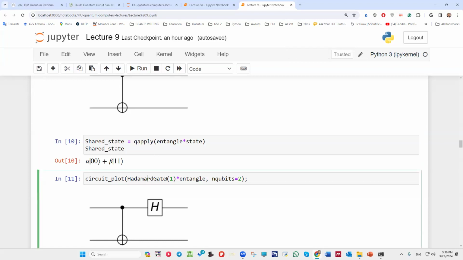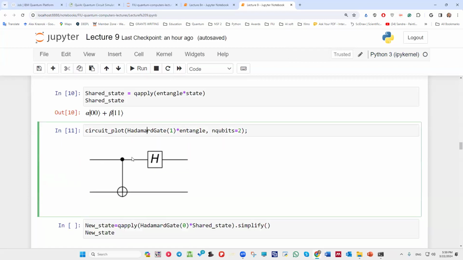That's why she decided to apply the Hadamard gate. And this way, she changes the basis. Okay, she changes the measurement basis from the 0, 1 states to the plus, minus states, because as you remember, applying the Hadamard gate to states 0 and 1 creates the superposition states, plus and minus.